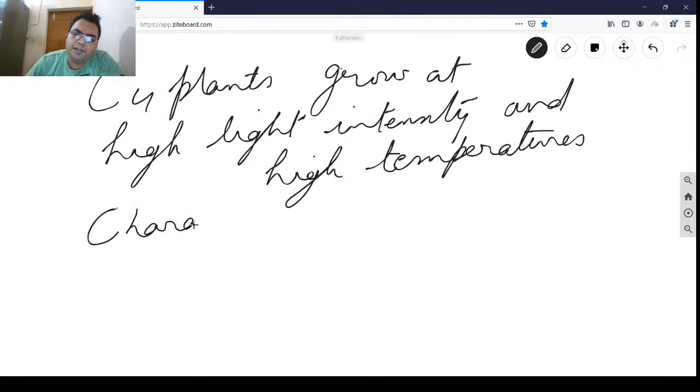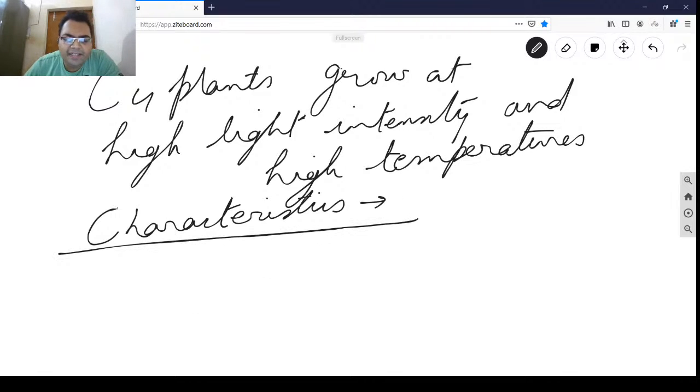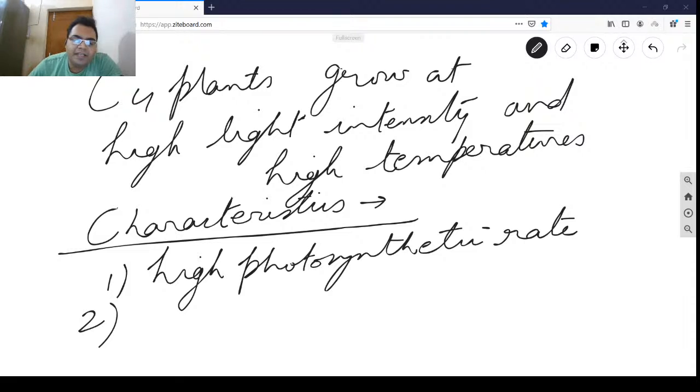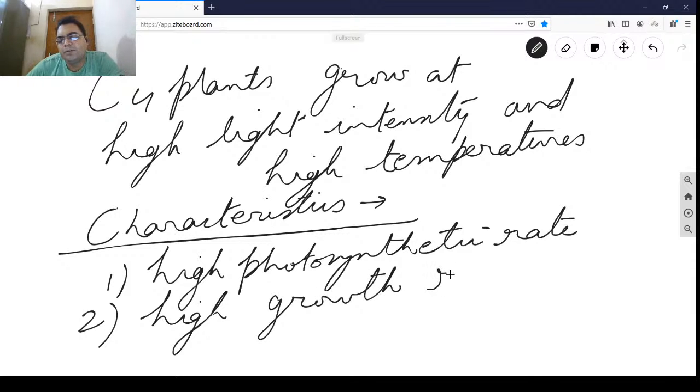So they have the following specific and unique characteristics that make them very peculiar and demarcate them from the C3 plants. Number one is high photosynthetic rate. Then high growth rates, producing more ATP and more NADH, so consequently the growth rate will be higher.